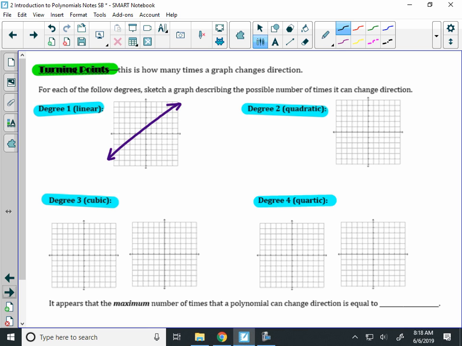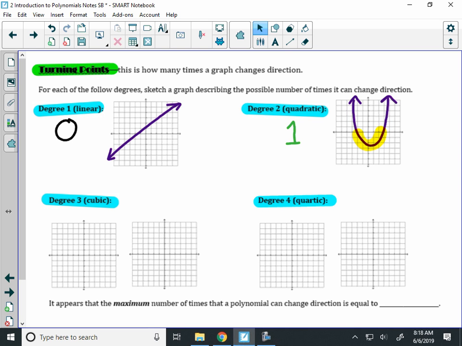It looks like with degree 1, that graph has 0 turns. It's straight, it never changes direction. With degree 2, you can sketch a picture. I'm going to make one that looks like this. It looks like this graph of degree 2 has 1 turn on the bottom. So a quadratic function with degree 2 will turn 1 time.